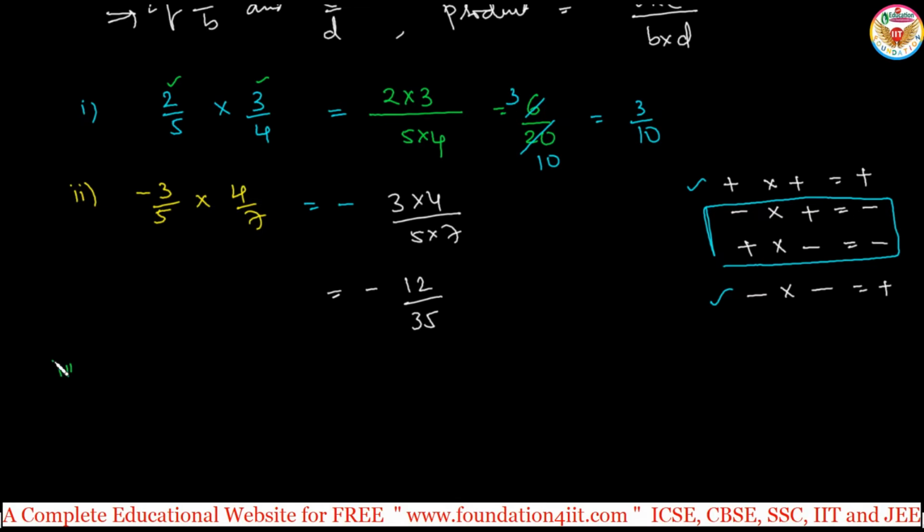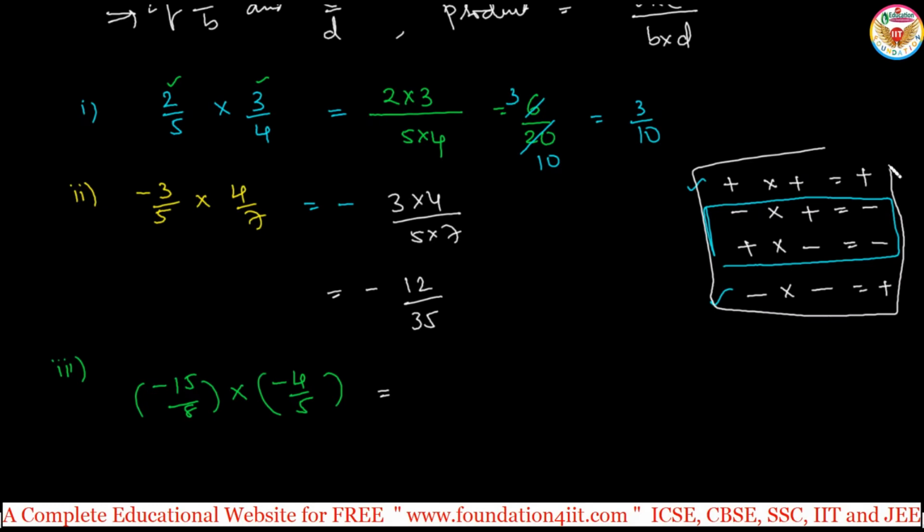Similarly, when both are negative, like minus 15 by 8 is one rational number and minus 4 by 5 is another rational number, we need to multiply them. First you need to multiply the sign. 15 by 8 is negative, 4 by 5 is also negative.